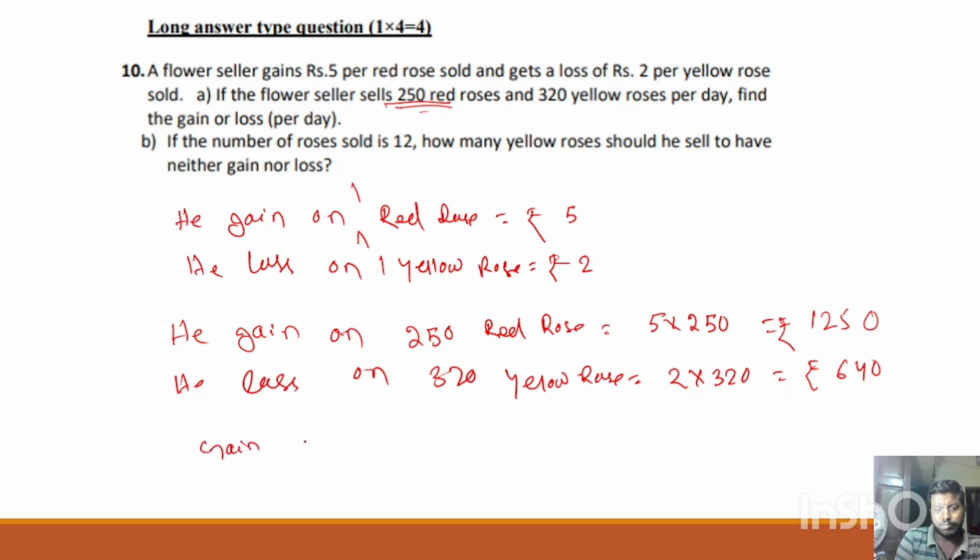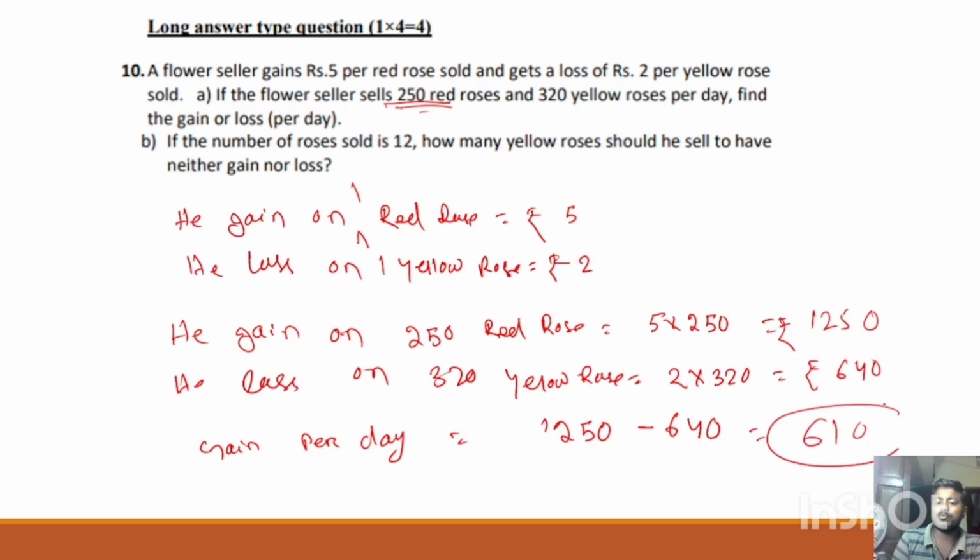So gain per day is equal to 1250 minus 640, because this is minus. So now 610 rupees he gained per day.